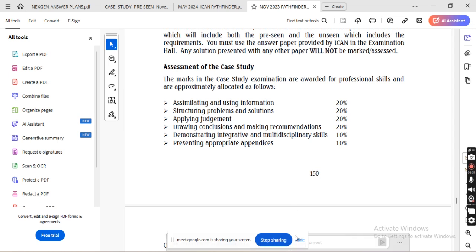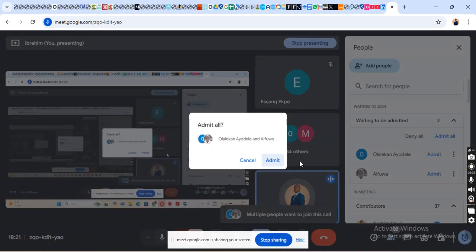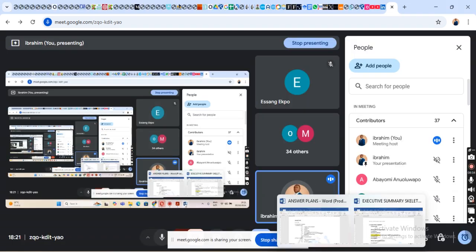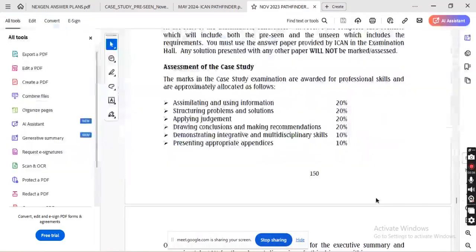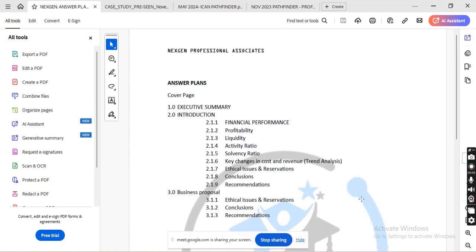Class, maybe in our subsequent class, we will talk about the marks allocated to each of the lines from these answer plans. Your workings appendix is about 10 marks, your executive summary is 20 marks, and your body of the report. All these things have their own marks, but we will get there.